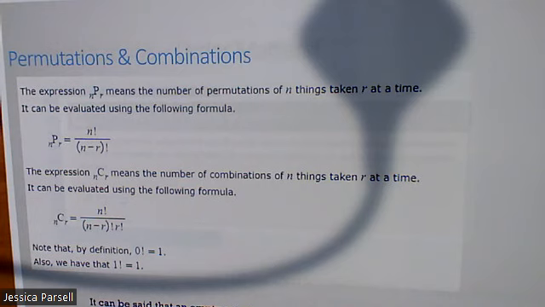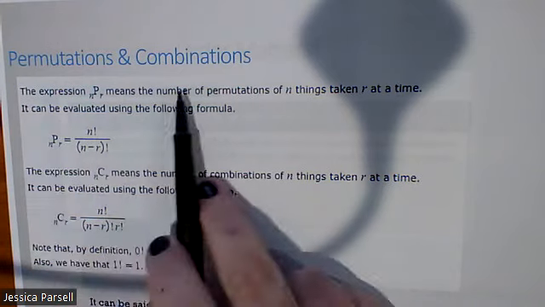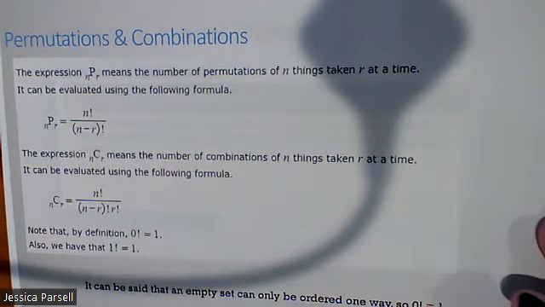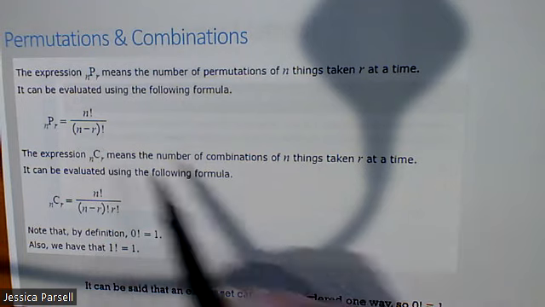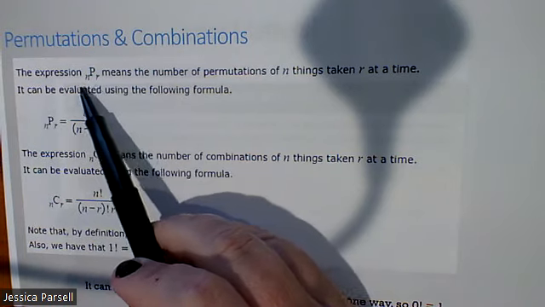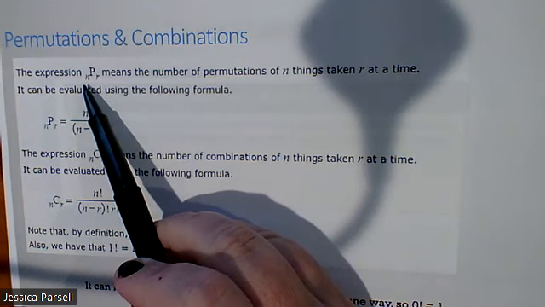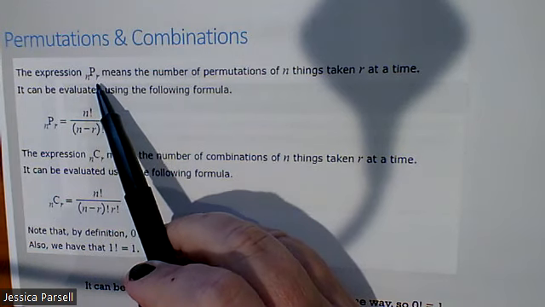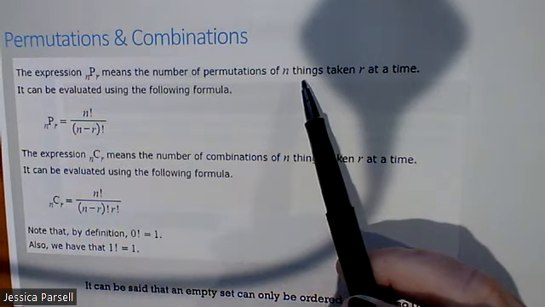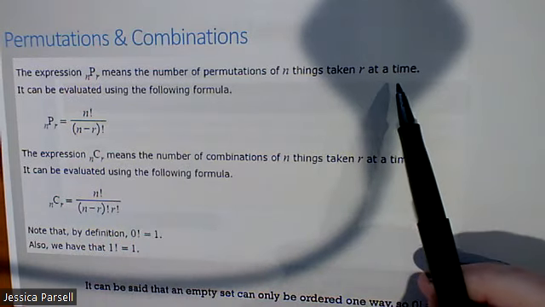Okay, so we're going to take those factorials that we just learned about, and we're going to go a little further and work with permutations and combinations. Okay, so these little formulas, like this expression here, these are little subscripts, like little subscript n, large P, little subscript r, just means the number of permutations of n things taken r at a time.